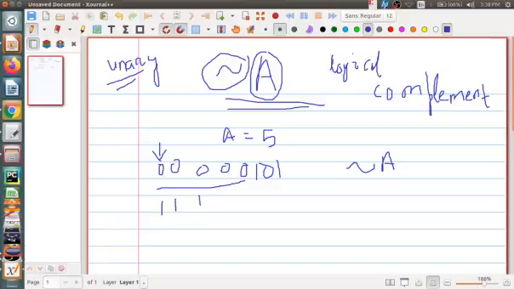If it is 1, then it will be 0. So what will be the value? All will be 1, and this is 0, 1 and 0. Now this is our new value.